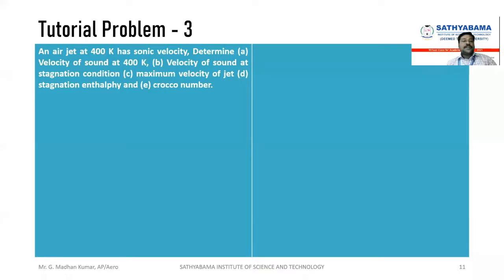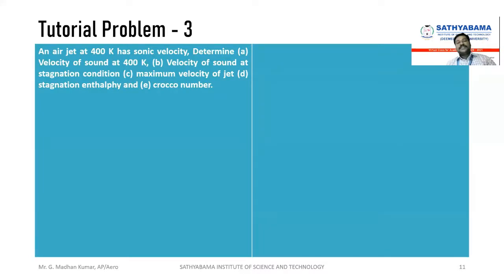So we are going to solve all these things with the help of energy equation. So you have to remember that energy equation, right? In the last problem also we used that equation, and we evaluated C max. Here also we are going to evaluate C max, and then we have the stagnation enthalpy.